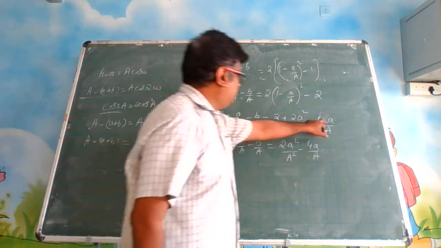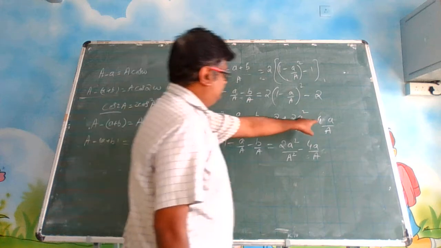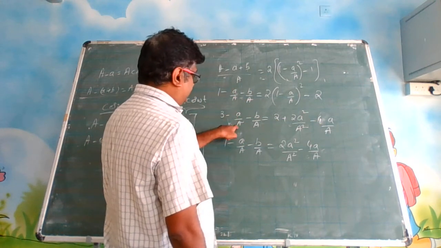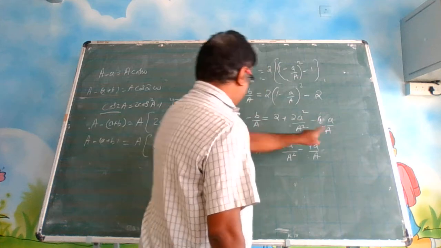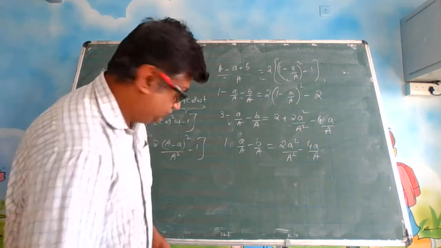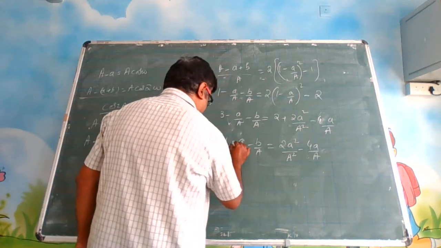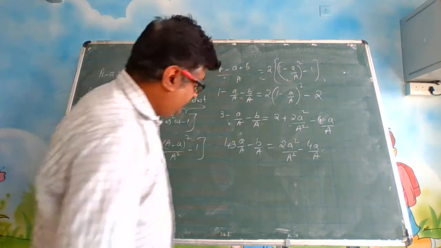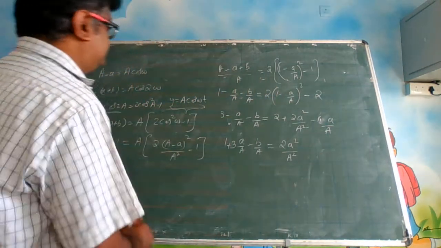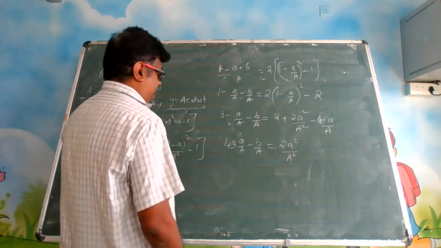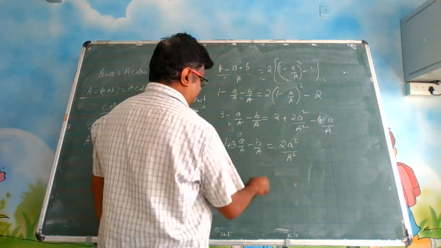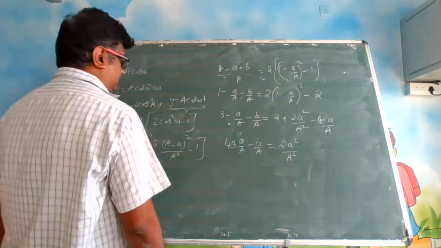Let me bring this 4a by a also to this side, so this will become plus 4, and here there is minus a by a, here minus 4a by a, so it will become plus 3a by a. Okay, plus 3a by a, and we are just removing this term. Alright? Yeah, this is what we have got. So 1 plus 3a by a minus b by a is equal to 2a square by a square.